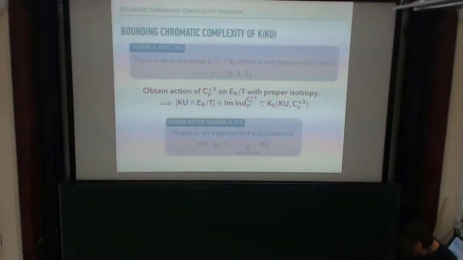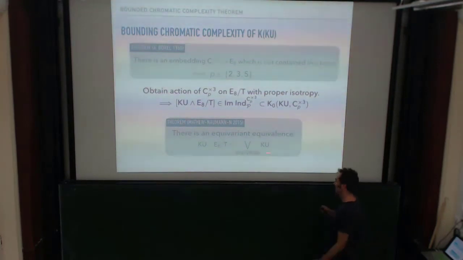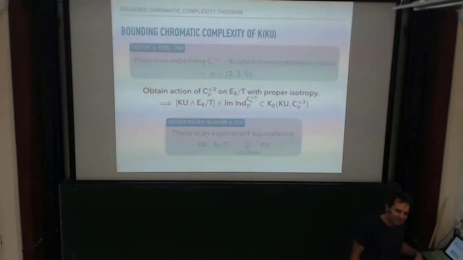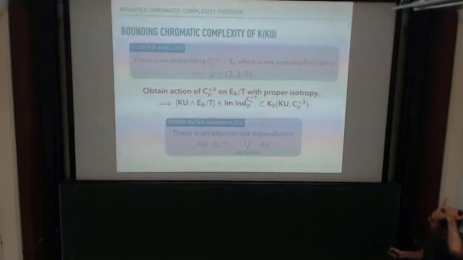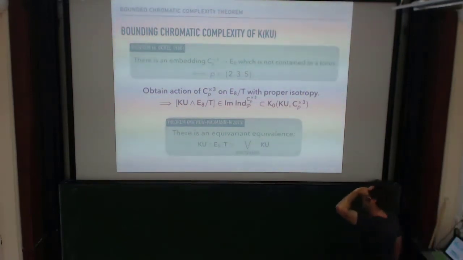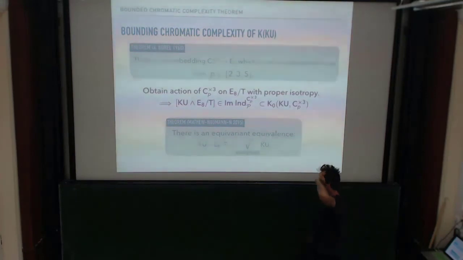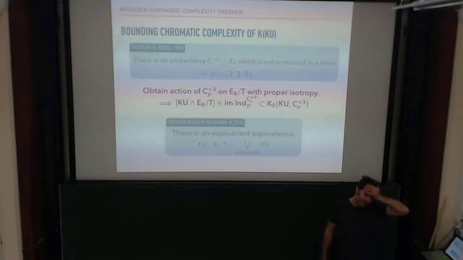So this is the order of the Weyl group. And it's not too crazy to see that they have the same rank. Where it's harder is to see that this is an equivariant equivalence. I didn't really say what I mean here because it's true for about any meaning you want. So the result actually shows by looking at genuine E8 equivariant KU and studying the category of modules over that guy.